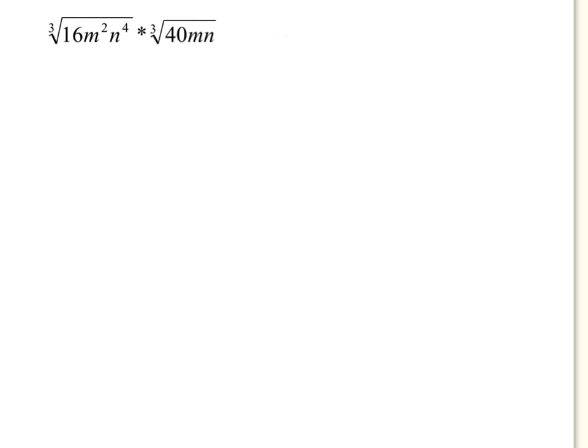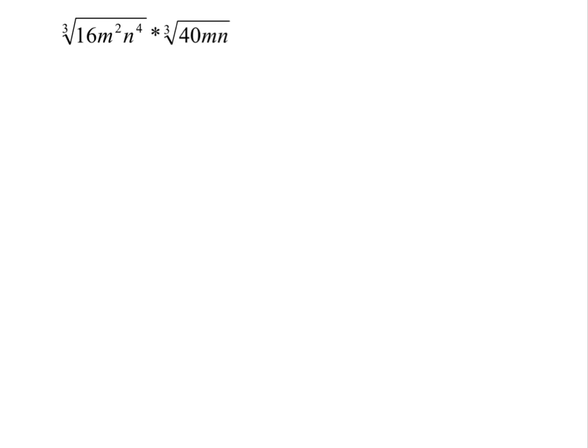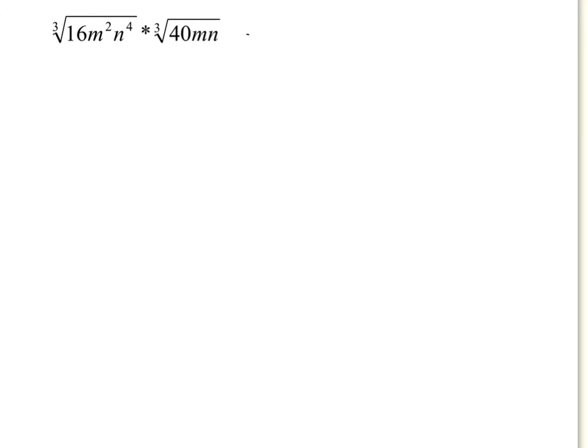So let's do one cubic root example. So we have the cubic root of 16m squared n to the 4th times the cubic root of 40mn. So if I multiply this, I get the cubic root of 640 m cubed n to the 5th.